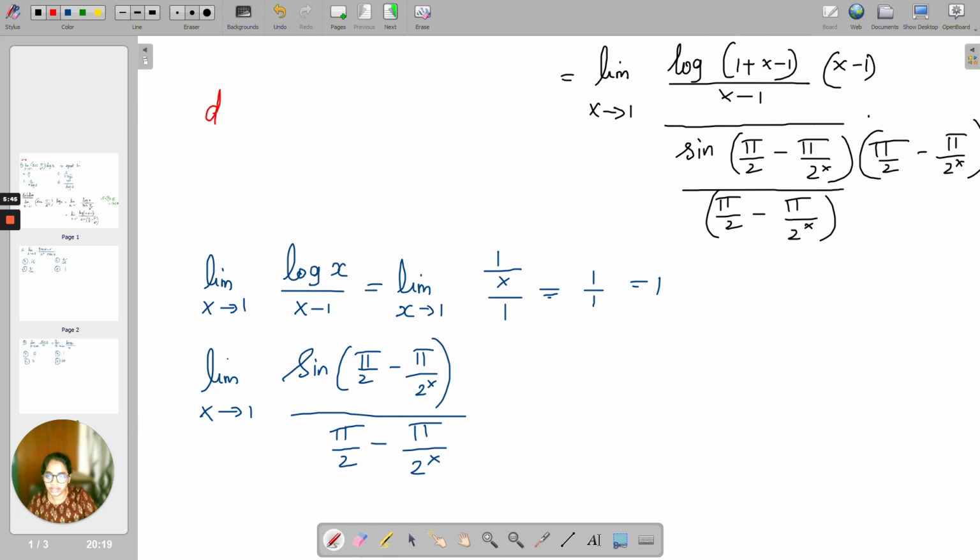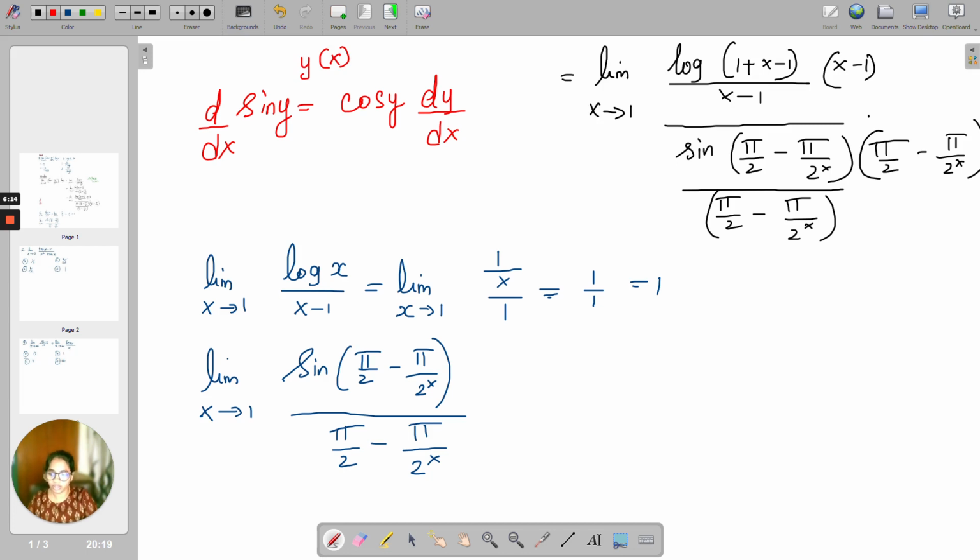If I have to differentiate d by dx of sine y, you would get cos y. Again you would have to write dy by dx because we are differentiating with respect to x. y is a function of x, so you cannot say that it is constant.